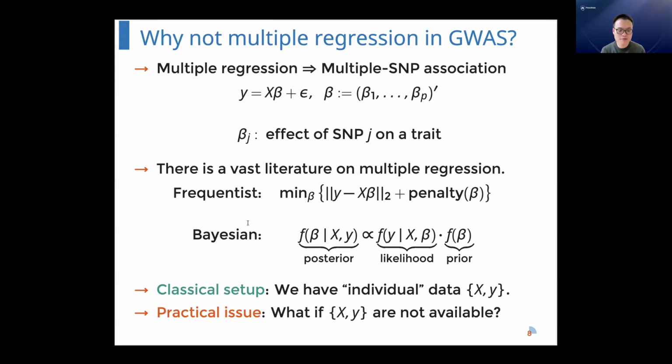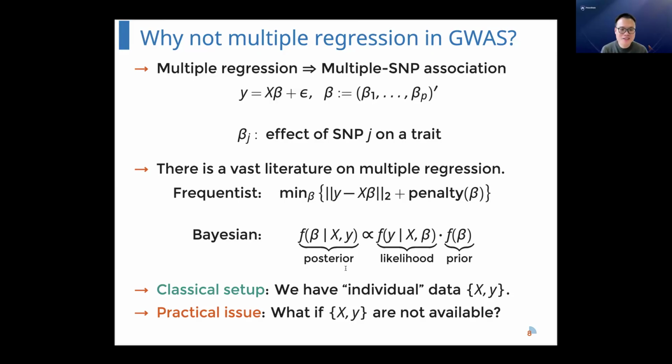We also have the Bayesian approach, obtaining the posterior distribution for the regression coefficients given the data we observe. However, regardless of what kind of regression approach we're looking at, we're making a very important assumption without saying it, and that is that we have the individual level data X and Y available in the first place before we can conduct any multiple regression analysis.